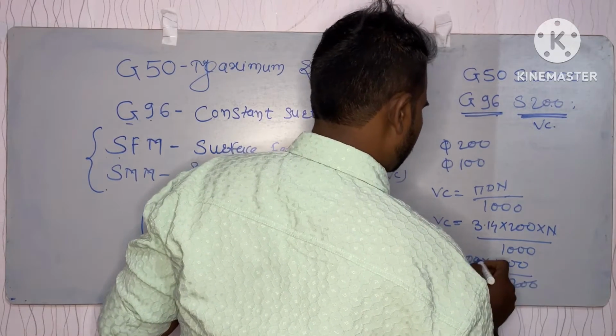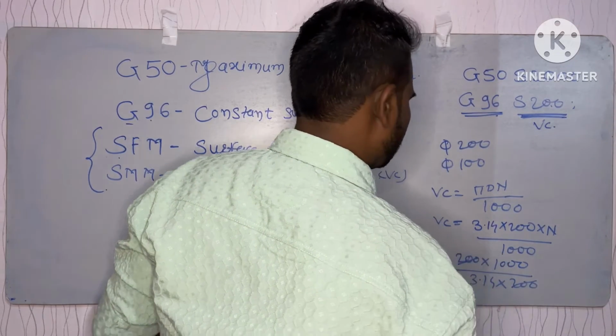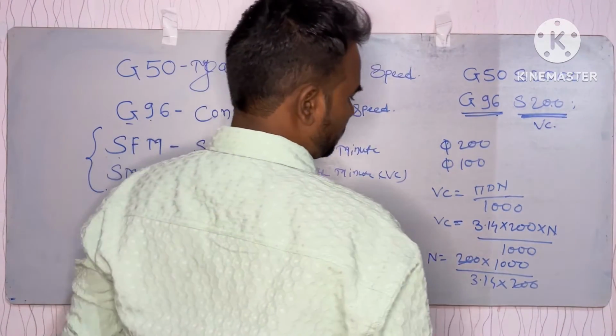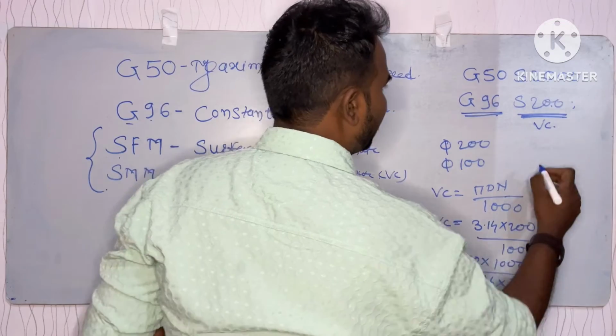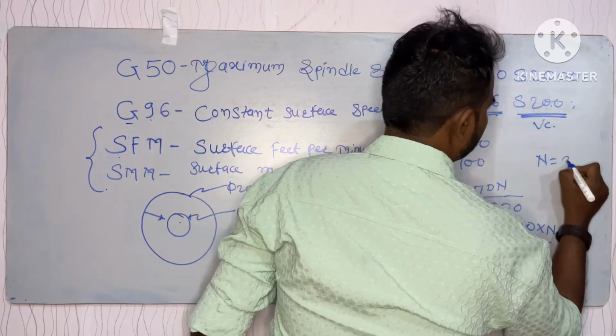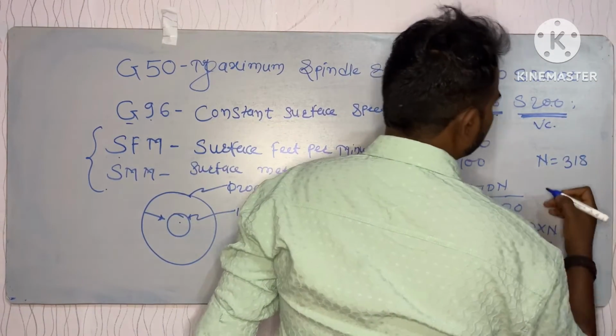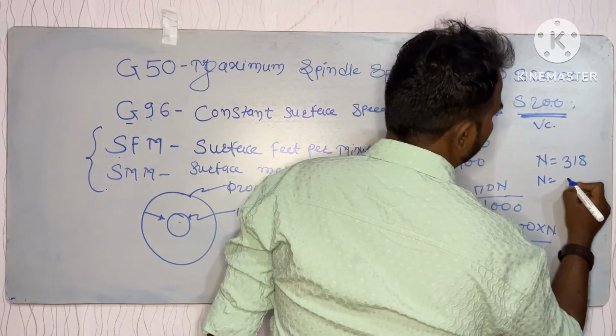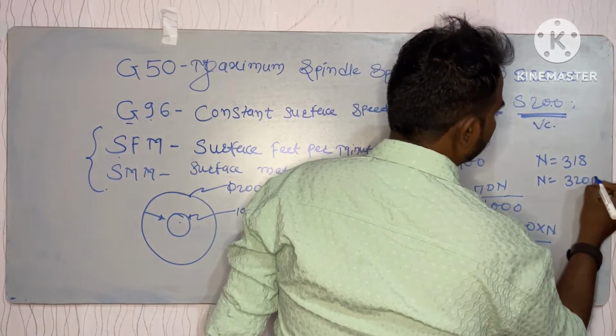This 200 and this 200 will be cancelled. So 1000 divided by 3.14, what will be n? n is equal to 318. We can put it as a round figure: n is equal to 320 RPM.